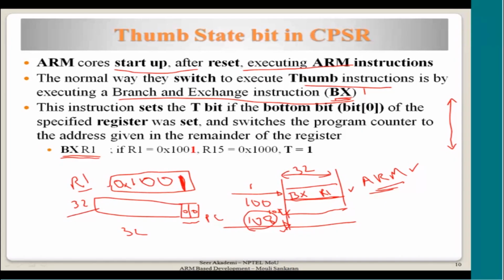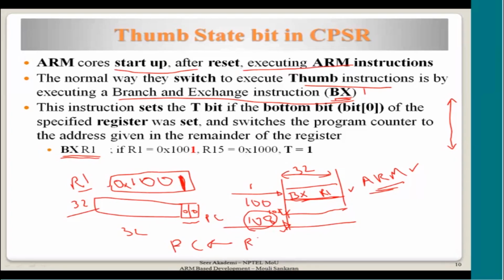Okay. So when the processor executes this instruction, what does it do? When ARM processor encounters a BX, the X means it is supposed to exchange the PC with the value in R1. So it will load the content of R1 into PC. But PC has to be saved, because after the branch it is supposed to come back to the next instruction, which is 4 bytes next to that.